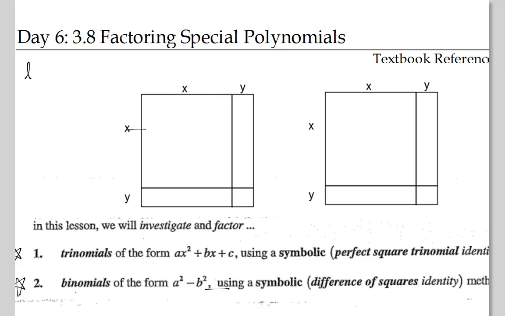So the length is x plus y, and the width is also x plus y. Can you visualize that on this diagram? Positive x, positive y, and positive x, positive y. So this is not a rectangle, it's a square.